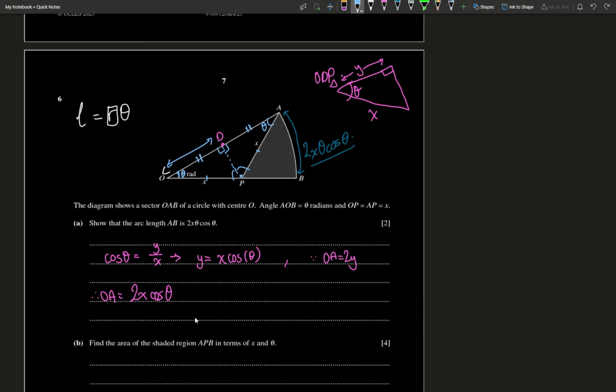So we write here: the arc length AB is equal to theta times 2 times x cosine of theta, which is 2x theta cosine of theta. QED. Allahu akbar.